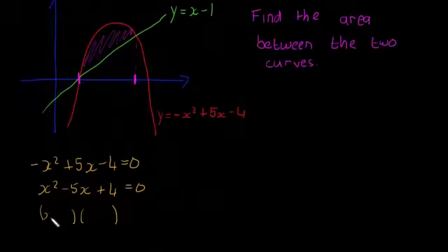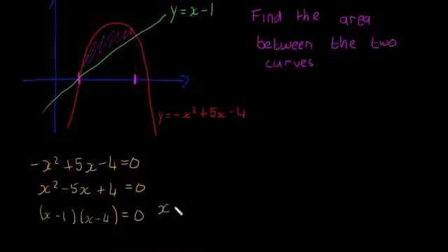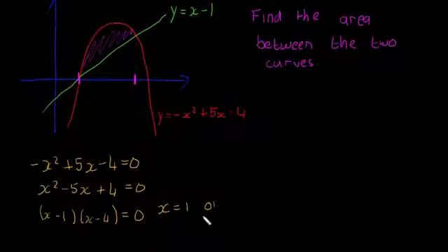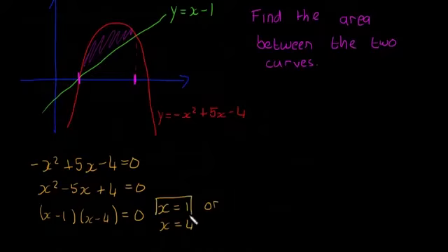It's going to be (x minus 1)(x minus 4) is equal to 0. So that means that x is equal to 1 or x is equal to 4. The one we want is obviously going to be x is equal to 1 because it's on this side. So that means that value there is 1.